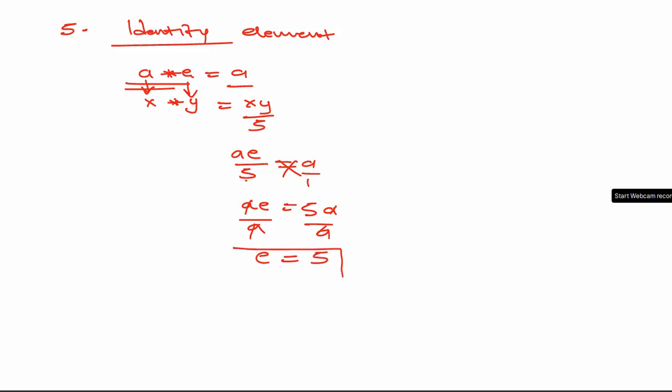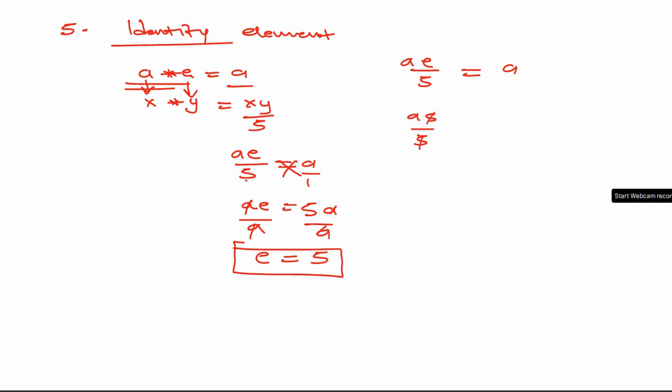So this is our identity element, and the expression is true when we put e here, because our expression is a times e over 5 is equal to a. That means when we put 5 there on top, we're going to have a times 5 over 5.